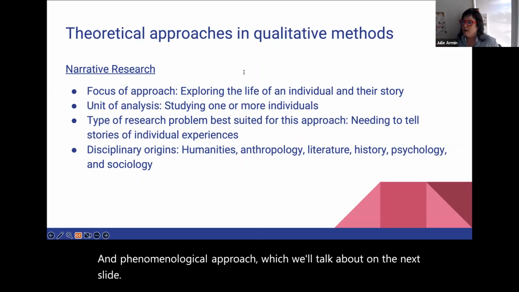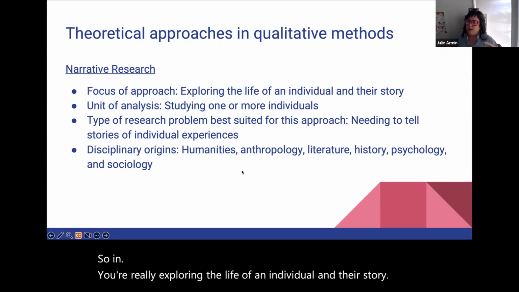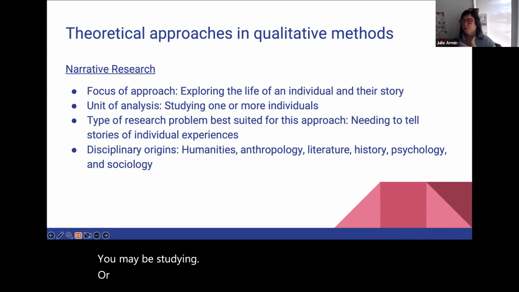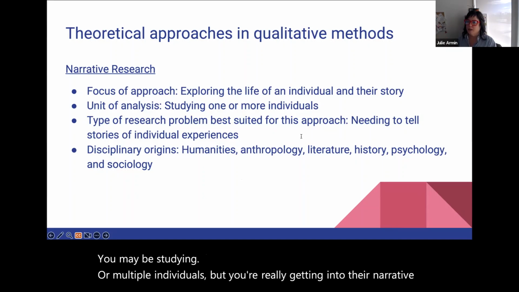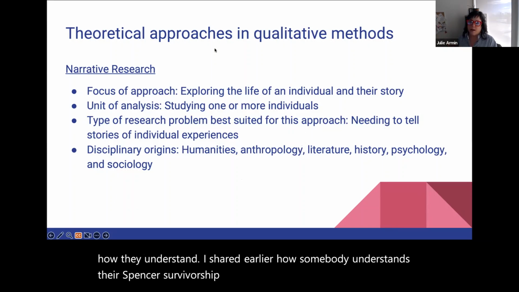So in narrative research, you're really exploring the life of an individual and their story. You may be studying one individual or multiple individuals, but you're really getting into their narrative, how they understand. I shared earlier how somebody understands their cancer survivorship journey.